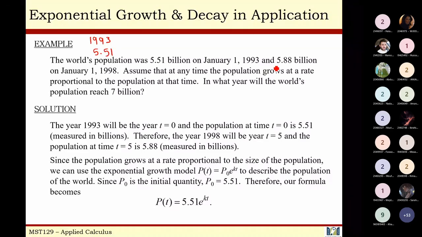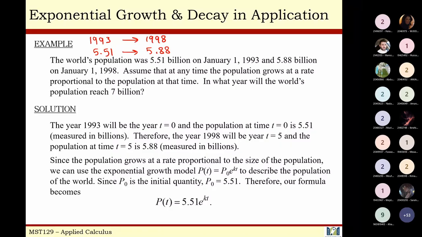And 5.88 billion in 1998. So in 1998, the population became 5.88. Assume that at any time the population grows at a rate proportional to the population at that time. In what year will the world population reach 7 billion?